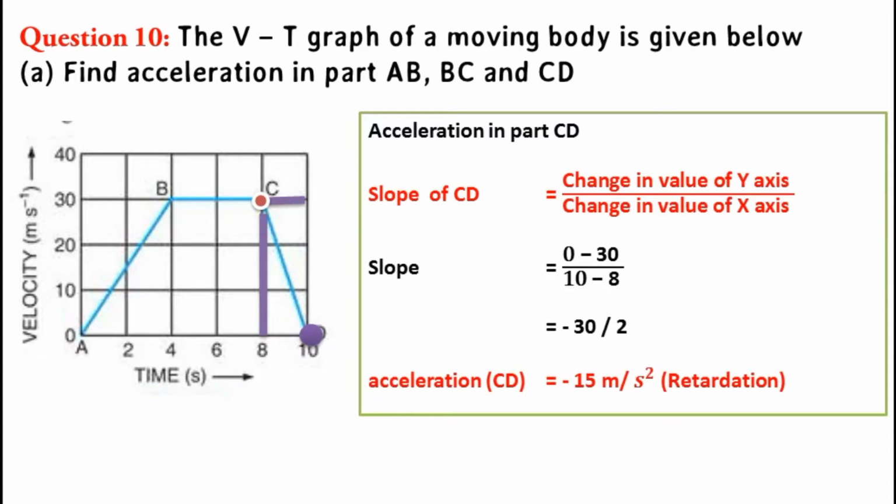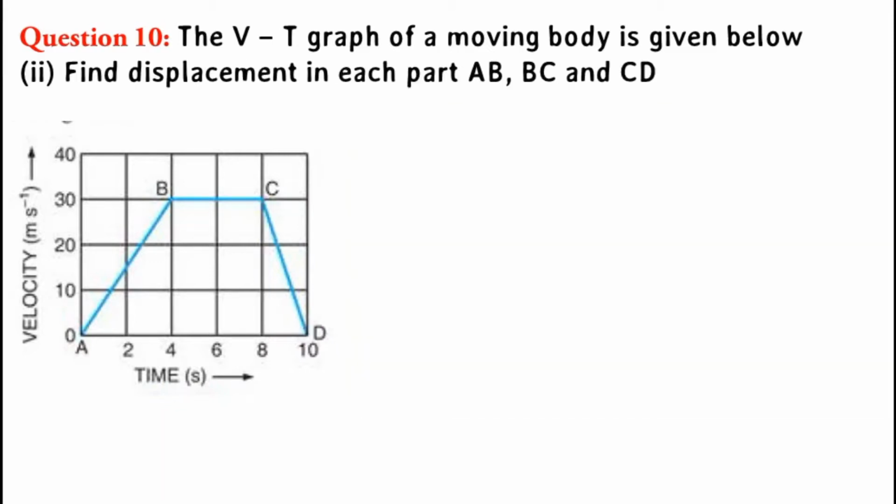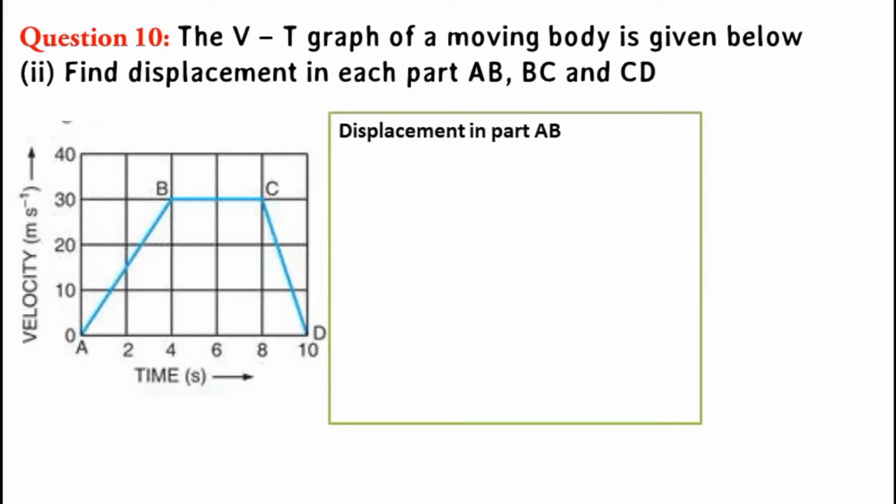Now the second part, displacement in each part AB, BC and CD. Please listen very carefully. Remember, to find displacement from a graph, we need to find the area of the graph. First, displacement in AB is equal to the area of AB. Please look in the graph, AB appears to be like a triangle.